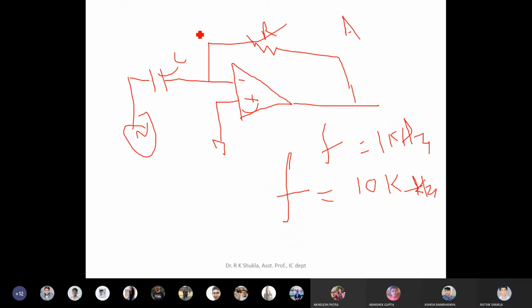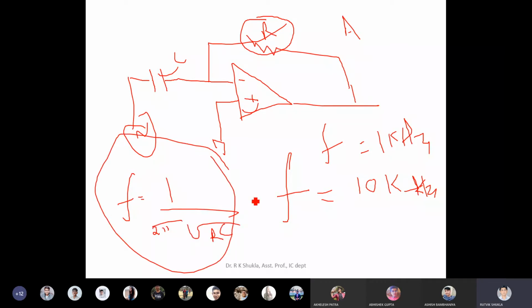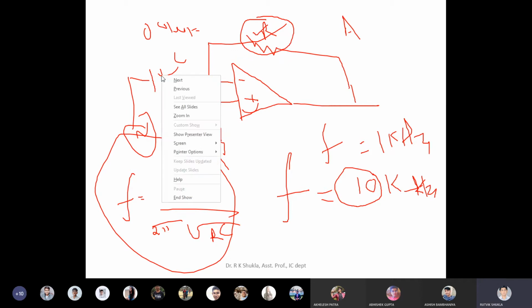Then the solution is to remove this R from the circuitry and use another R by calculating this equation, 1 upon 2 pi under root RC. This is the equation. Clear? C is, say, 0.01 or 0.1 microfarad. This is given. Accordingly, you have to calculate the R. If you are changing it to 10 kilohertz, then the value of R will change. So you have to replace the R, you have to put another R over here.